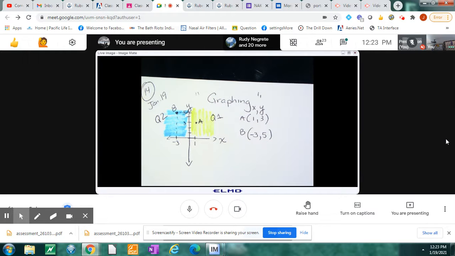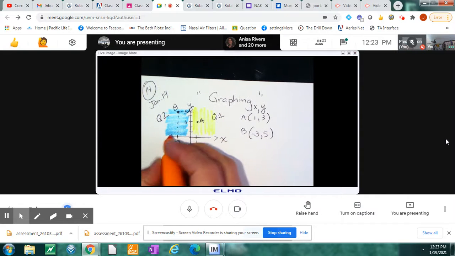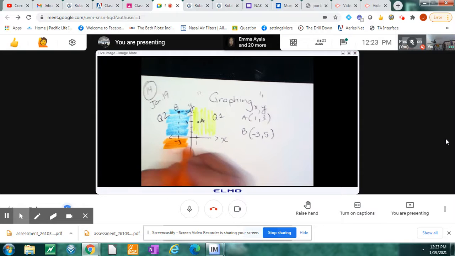And it goes counterclockwise. That's the way it's formulated. So now we have quadrant 1, quadrant 2, and then quadrant 3. That'll be the orange, anywhere on the left side.